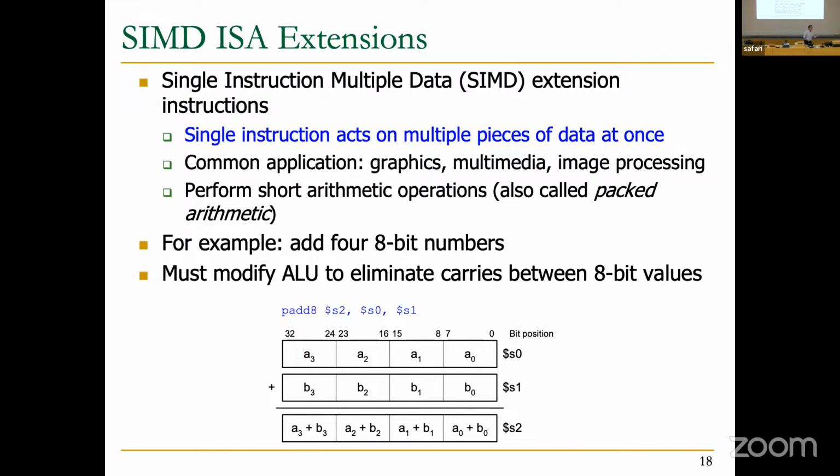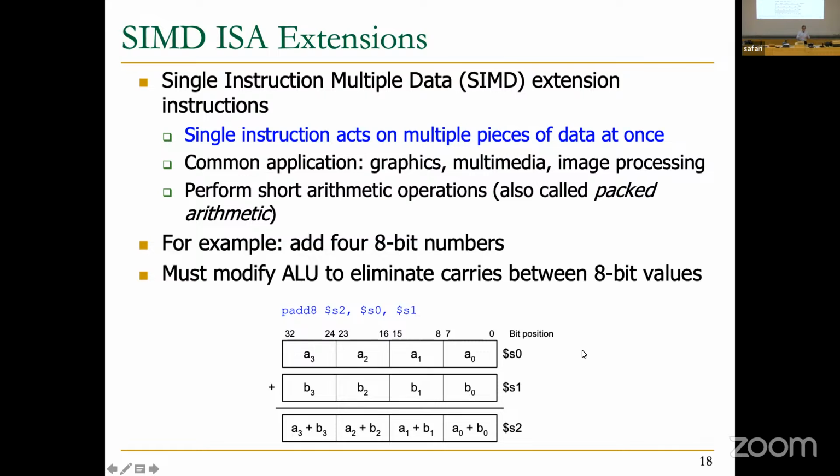You basically act on 4 elements at a time. Here you can see an example at the bottom from an earlier Intel multimedia extension instruction. And why were these introduced? As the suggested recommended reading describes very clearly, people wanted to accelerate graphics, multimedia, and image processing applications that were becoming more popular in the 1990s.